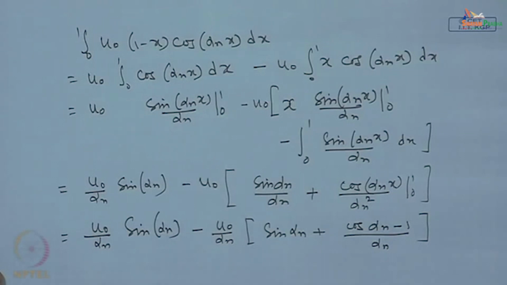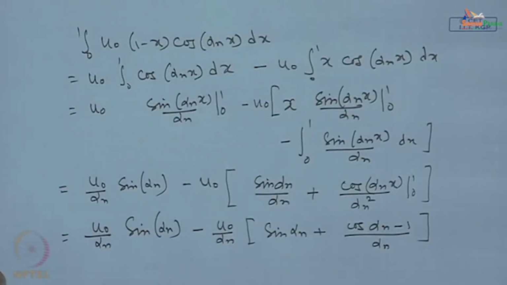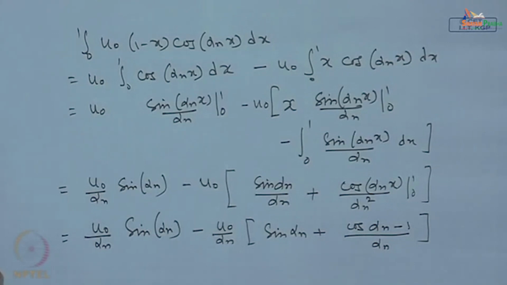But if you remember, the eigenvalues to this problem were (2n minus 1) pi by 2. So, cosine of (2n minus 1) pi by 2 will always be 0. Therefore, this term will vanish.